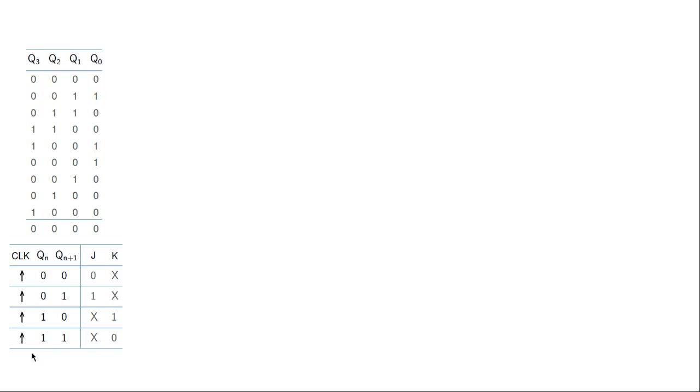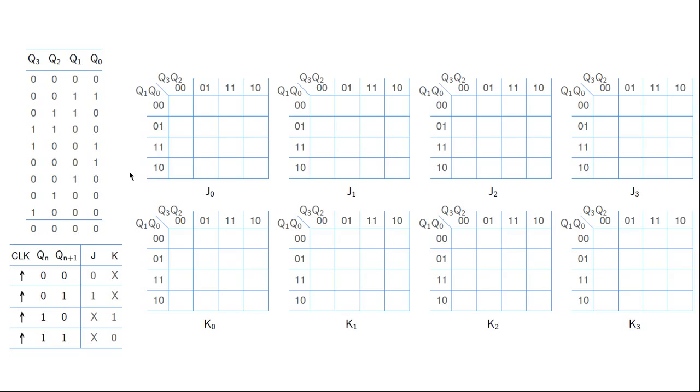And note that we have the positive edge of the clock indicated here because we're going to use positive edge triggered JK flip-flops. What we need to do next is to obtain Karnaugh maps for all of these J0, K0, J1, K1 and so on, based on the transition table that the counter must follow.